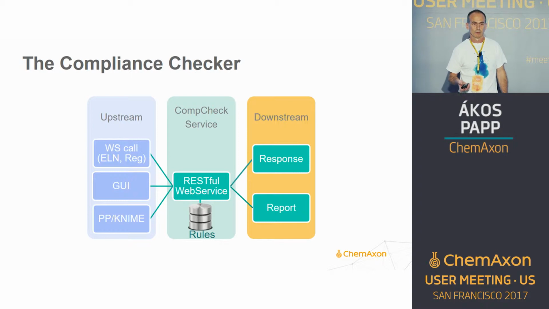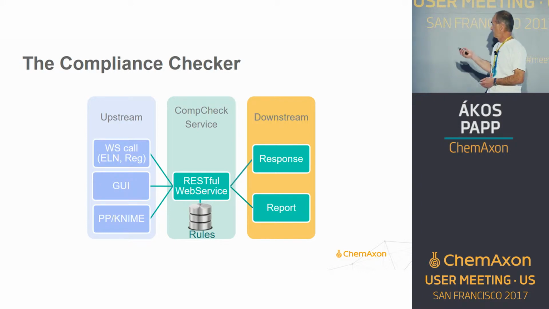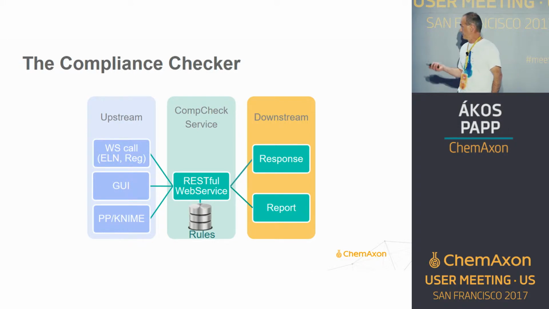I will also show an example of that. And we also have Pipeline Pilot nodes that can be used for these purposes. And in the downstream, you either want to generate a report and file it or print it, or you get a response from the API that you can parse and use in your systems.